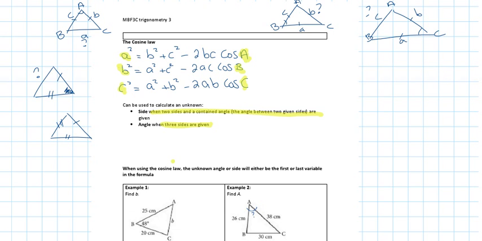So I have to rearrange the formula because I'll be given A, B, and C, but I won't be given angle A. I'll be given A, B, and C, but I won't be given the angle. So in this case, I have to rearrange the formula so I can isolate for that cos part of it.